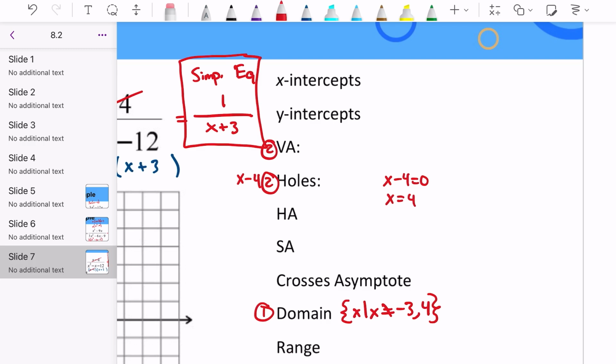Since we have x equaling 4, we need to solve for the y of that point. In order to do that, you're going to plug in your 4 into your simplified equation. So you're going to get 1 over 4 plus 3, which is 1 over 7.